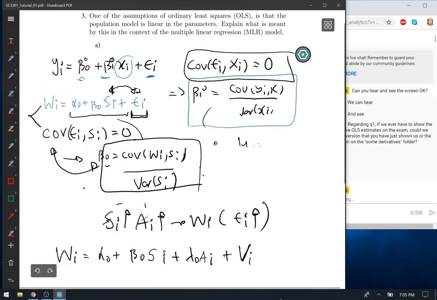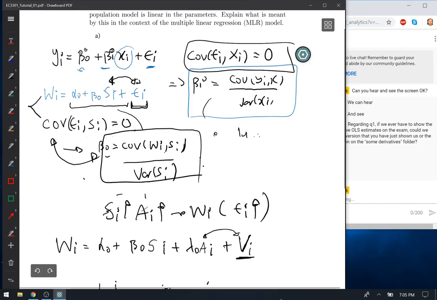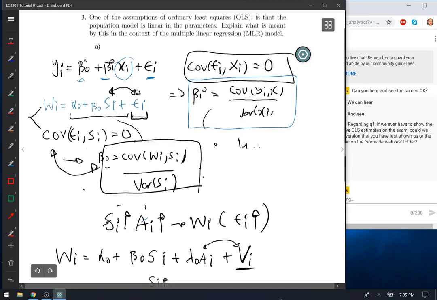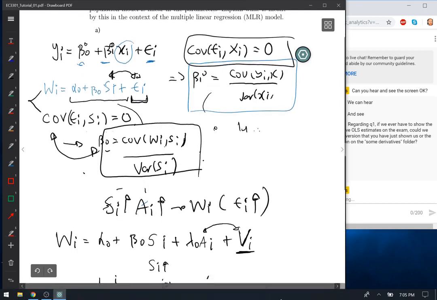Well, that means now, because gamma0 has been selected to make A_i and V_i uncorrelated, the new unobservable doesn't change with ability. So when schooling goes up, ability will change, but now it doesn't matter because the error term, V_i, the new unobservable, isn't moving with ability.